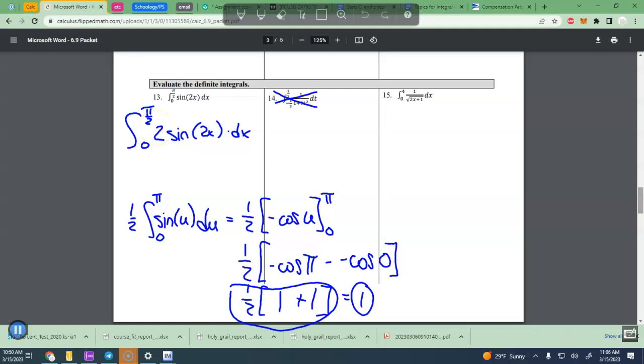But if I put a 2 in, I have to put a 1 half out. Now you're just doing the whole problem in x's. So if you do it my way, you're using x's. So you would have to go, okay, that's negative cosine of 2x. Use the 0 and the pi over 2.